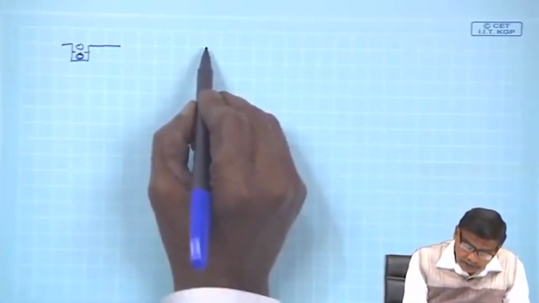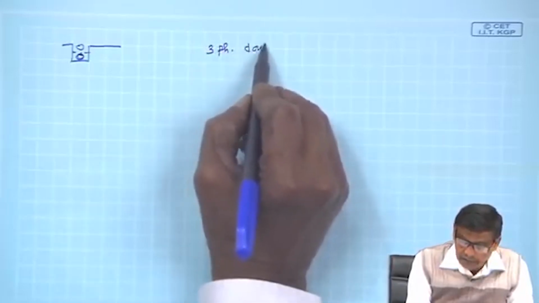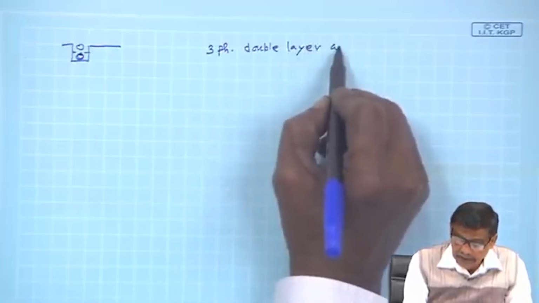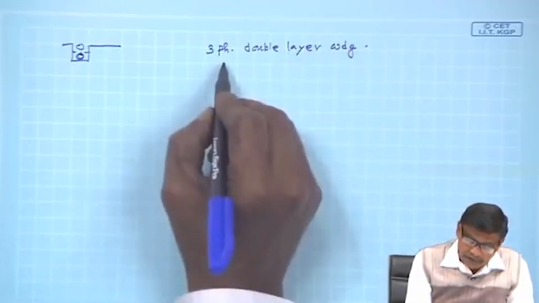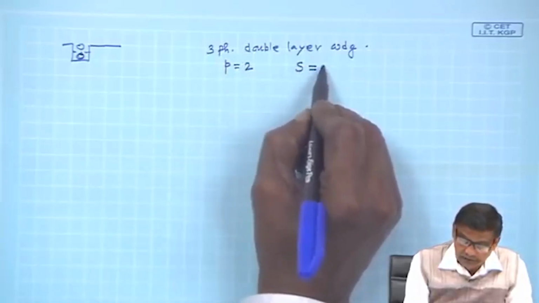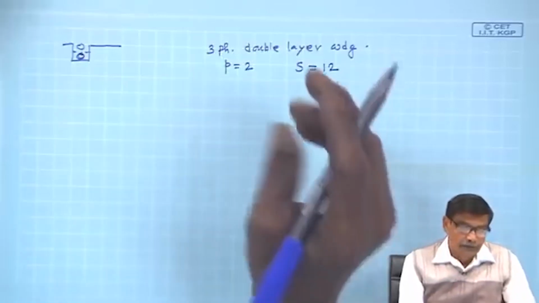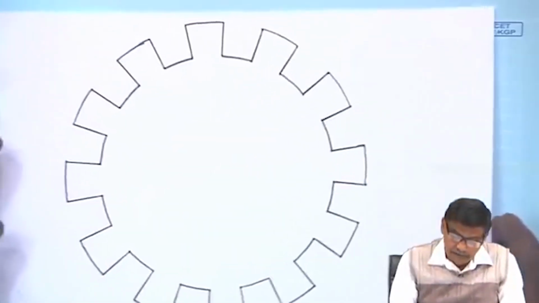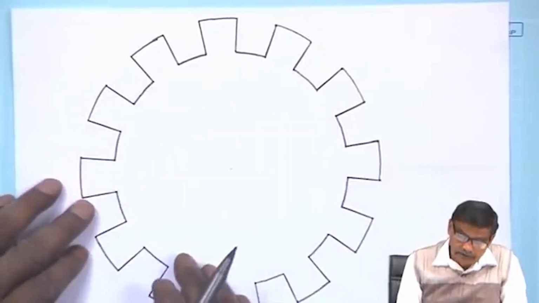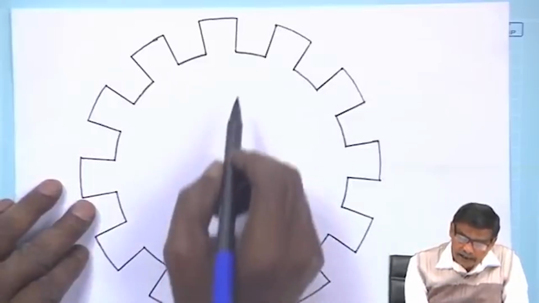So, our problem is I want to make a three phase double layer winding with P equal to 2 and total number of slots equal to 12. I have just drawn an actual view of the rotor slots like this. So, I can number them in any way I like.